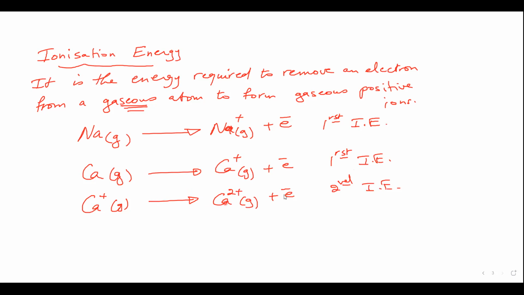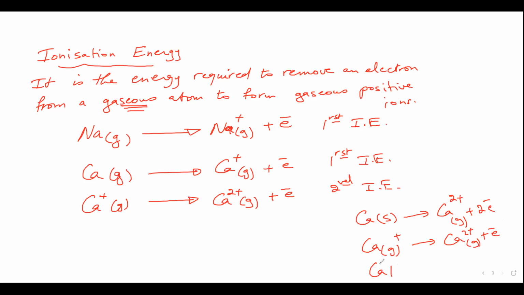If they ask us what is the second ionization energy of calcium, they will give you choices. Among the choices, there will be calcium solid forming calcium +2 plus electrons gas, or they can give you calcium gas to give calcium +2 gas plus electron, or they can give you calcium ion in the gas state to form calcium +2 gas plus electron.